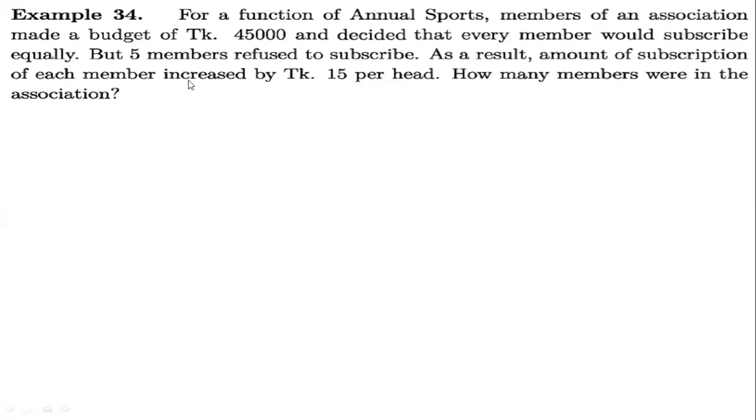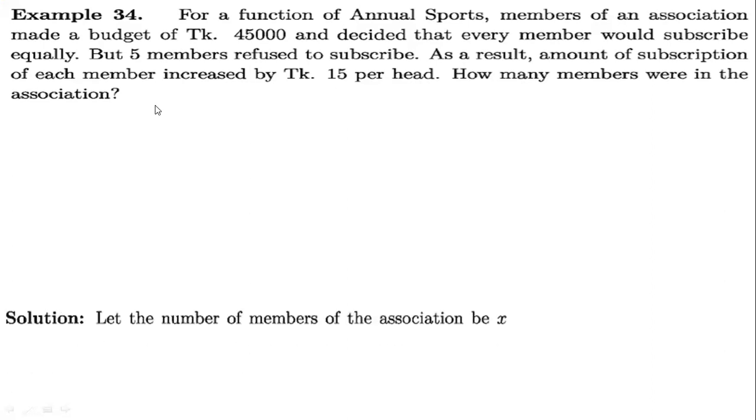Actually, there is a budget for a certain number of people where the total was 45,000. But some members refused to subscribe, so the remaining members have to give extra per head.